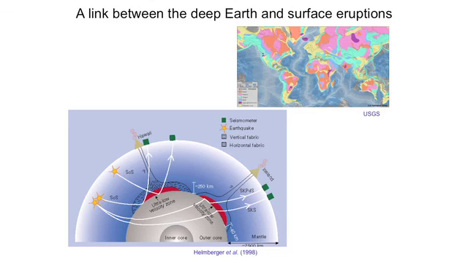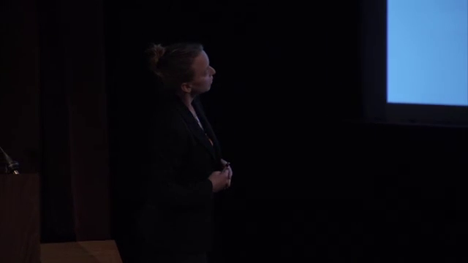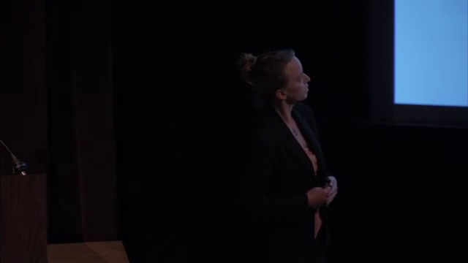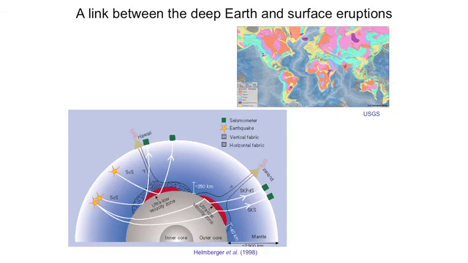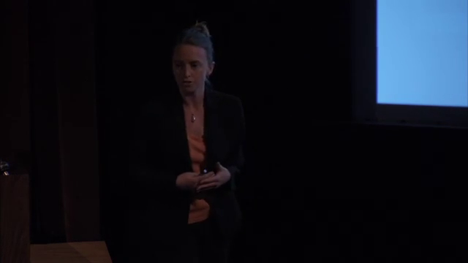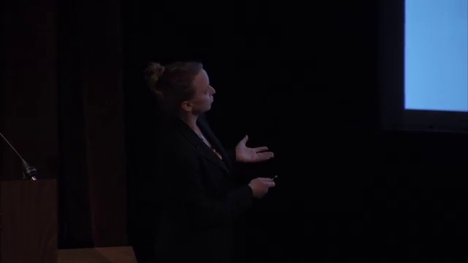So going back to complete the circle, if we want to call that the convection circle, we've sampled material down at the core mantle boundary. We've shown how we're constraining the temperature of this thermal boundary layer.